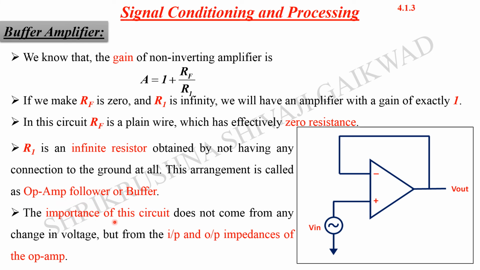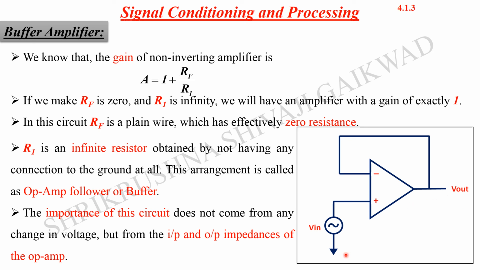The importance of such a circuit does not come from any change in the voltage, but from the input and output impedances of an operational amplifier. You must be thinking, why are we using such a circuit if the input is exactly what comes at the output?